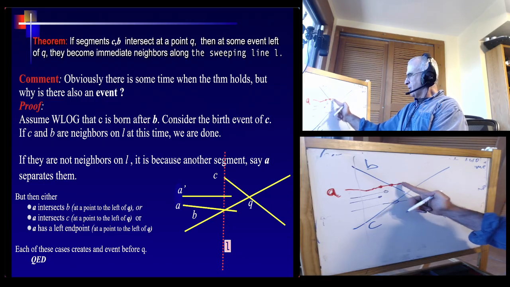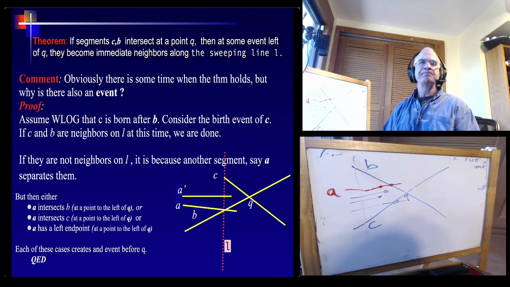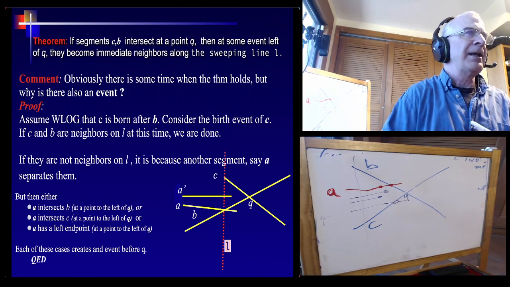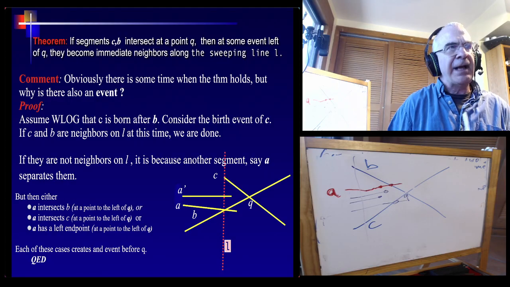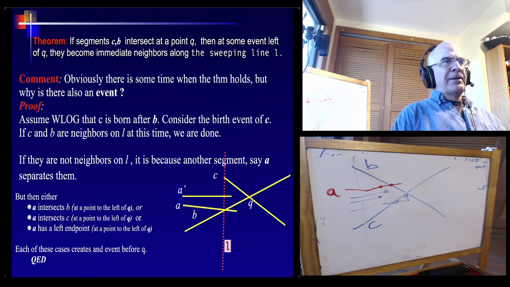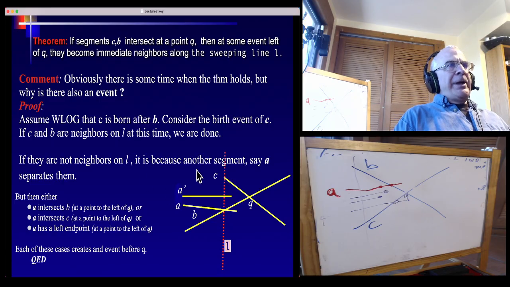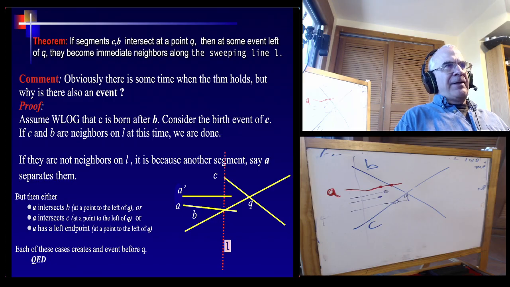Look at the rightmost such event that happens to the left of Q. That's the event at which C and B are immediate neighbors to each other, and that's where I discover the future crossing event between them. Okay, so the algorithm will find all the intersection points. I'll never skip over an intersection point.